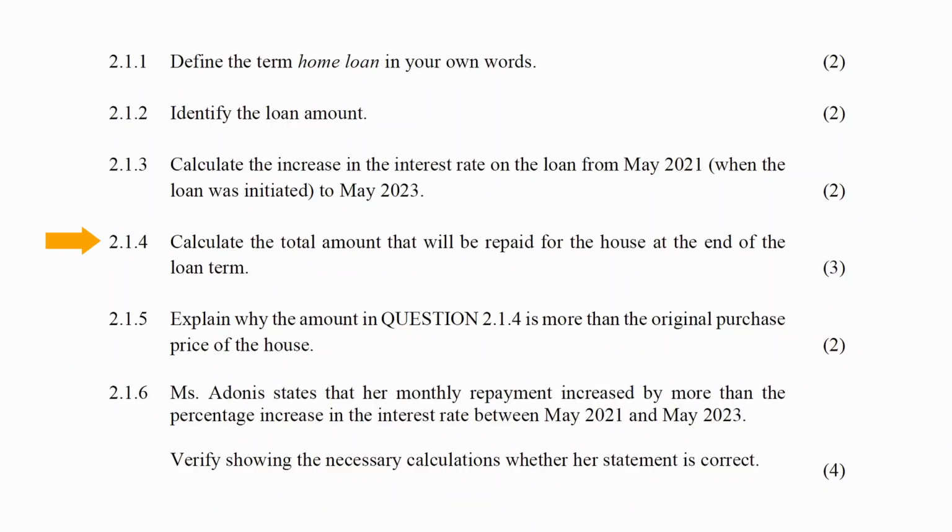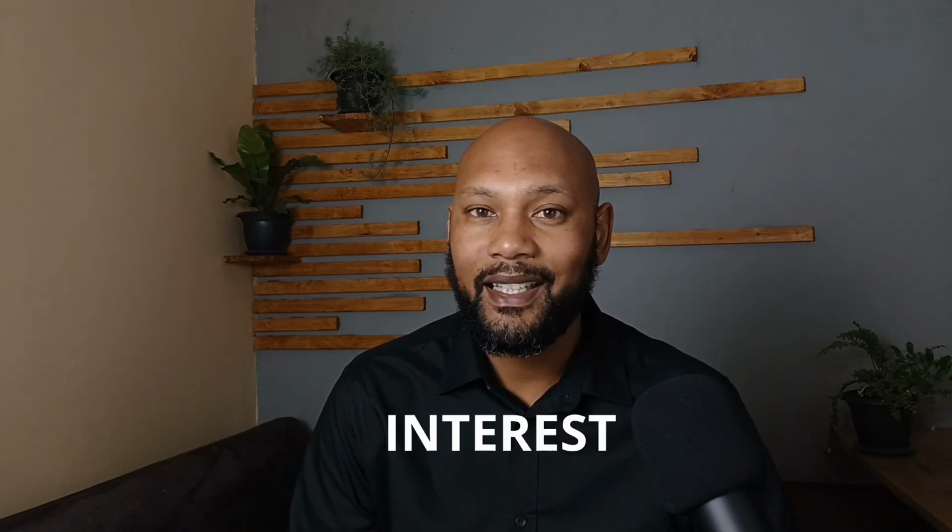In question 2.1.4, you have to calculate the total amount that will be repaid for the house at the end of the loan term. Now, when we borrow money from a bank to buy anything, we have to pay that money back plus the interest that is charged for borrowing that money. We call the initial amount that we borrowed the principal amount and the charge for borrowing that money the interest.